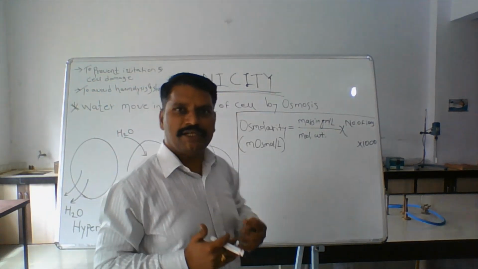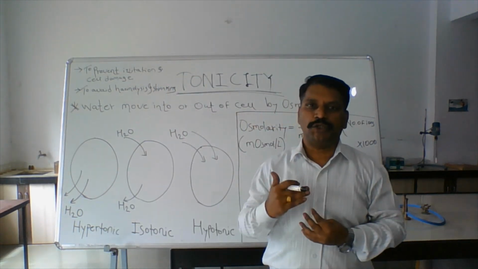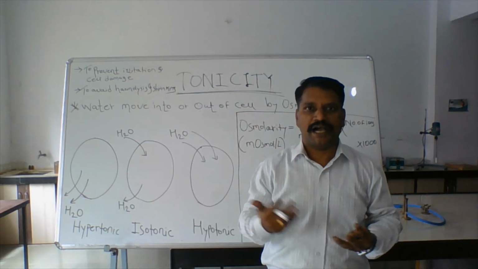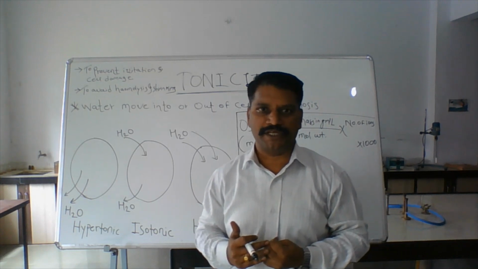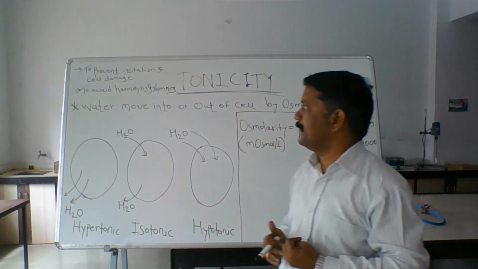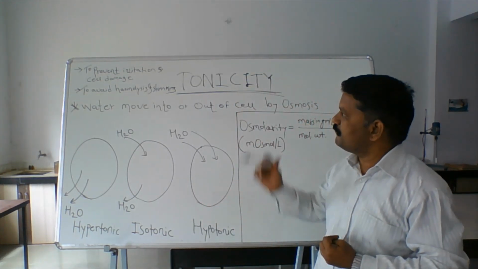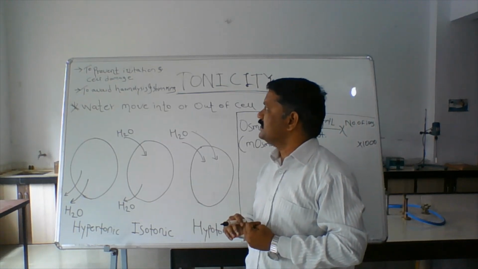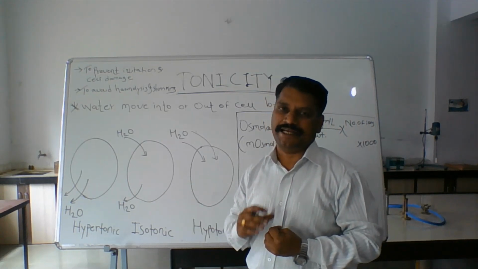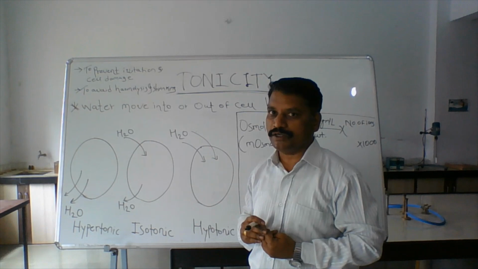So why is there a need to know about the tonicity, isotonic, hypertonic or hypotonic solution? Because of many reasons. The first reason is to prevent irritation and cell damage. It's very important.